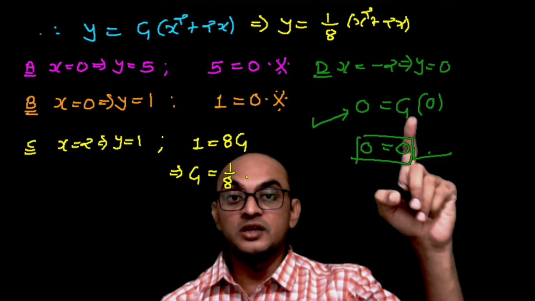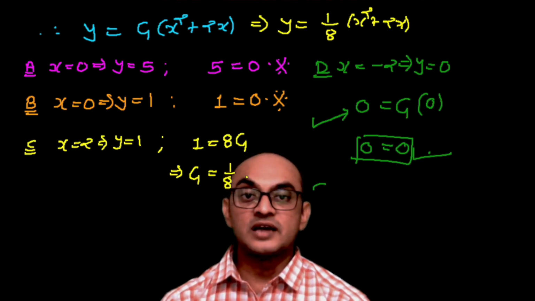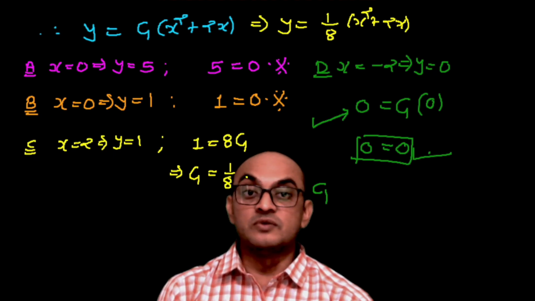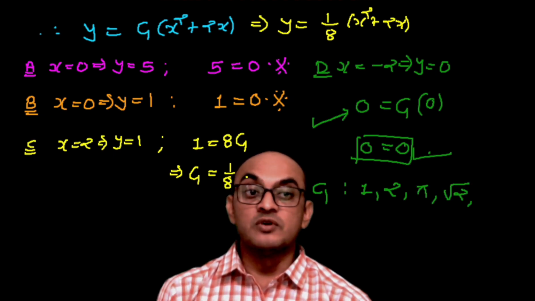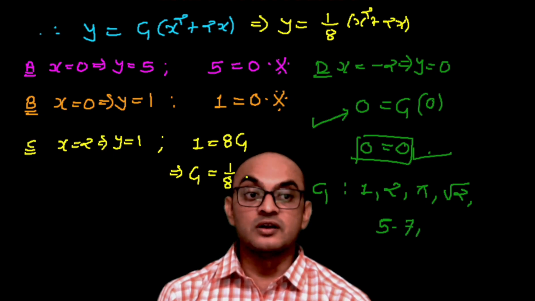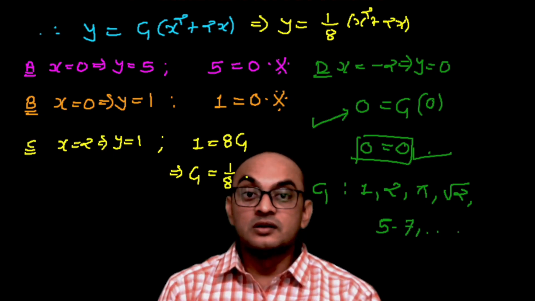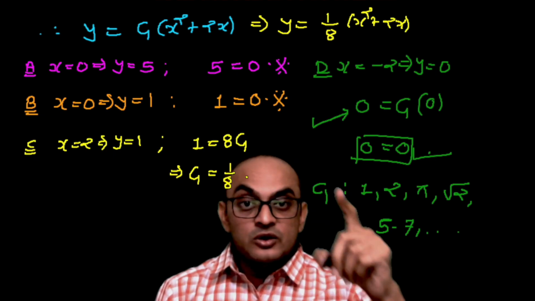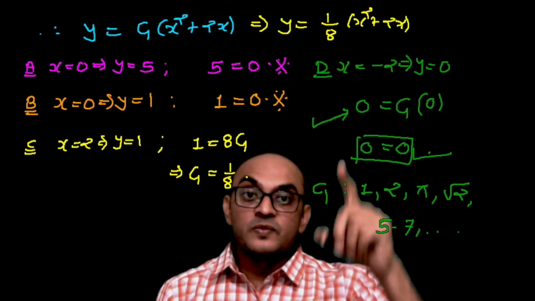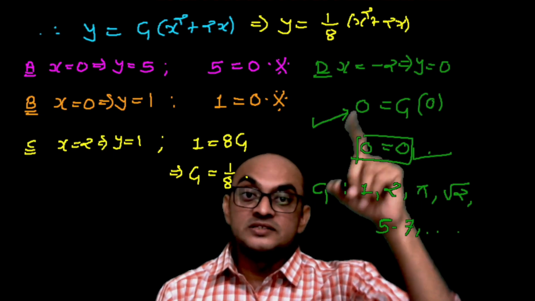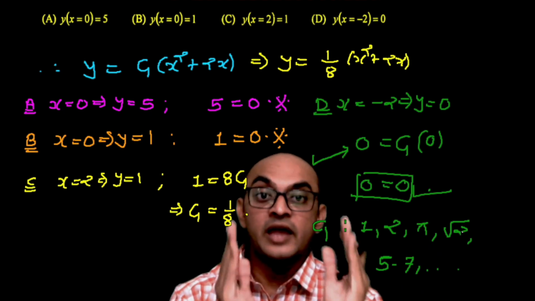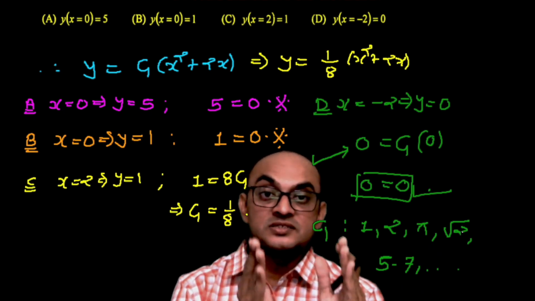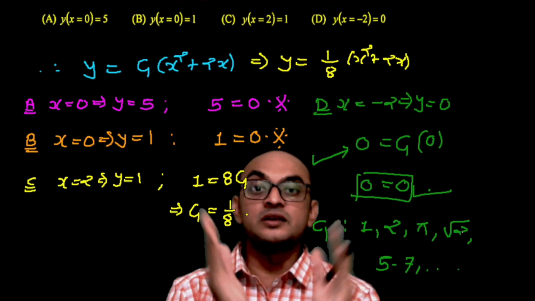When C1 equal to 3, 4, 5, that means I can choose any value of C1. Suppose C1 is 1, 2, pi, square root 2, or even 5.7 or any large number. So for any appropriate value of C1, this satisfies the equation. That means option D is my appropriate condition for which the system has infinitely many solutions.